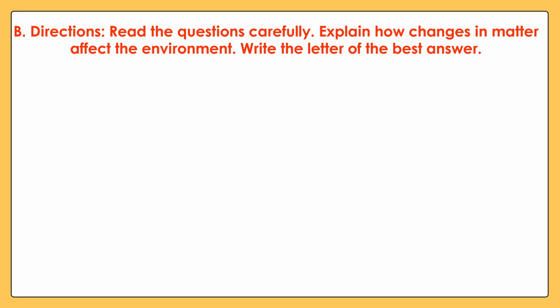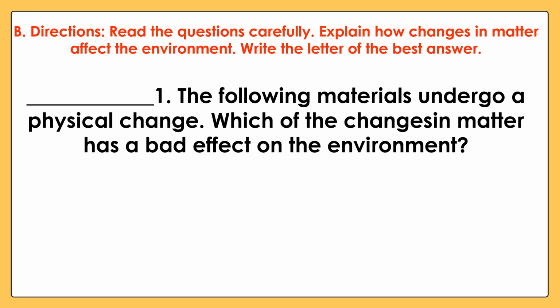Another activity, directions. Read the questions carefully. Explain how changes in matter affect the environment. Write the letter of the best answer. Number 1. The following materials undergo a physical change. Which of the changes in matter has a bad effect on the environment?